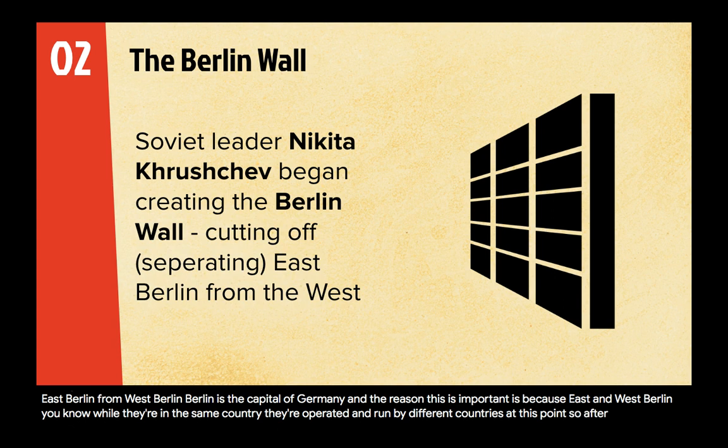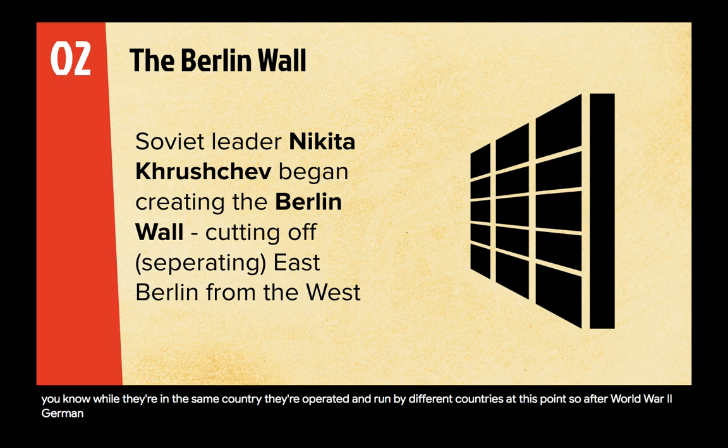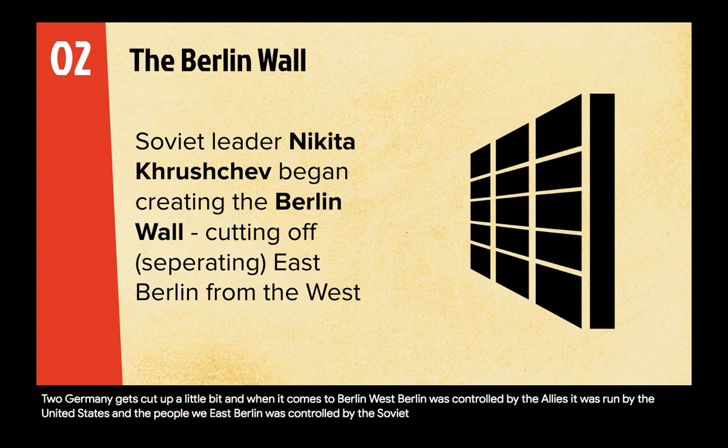So after World War II, Germany gets cut up a little bit. And when it comes to Berlin, West Berlin was controlled by the Allies. It was run by the United States and the people we supported the war with. East Berlin was controlled by the Soviet Union, and so it was under communist control.